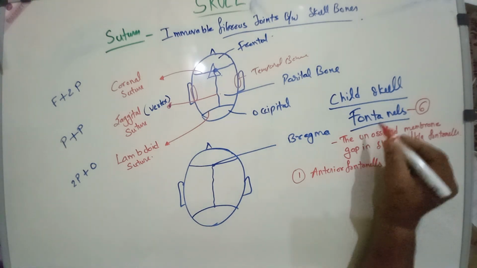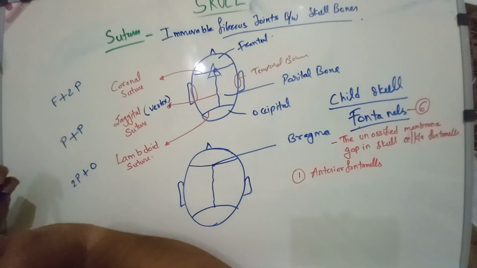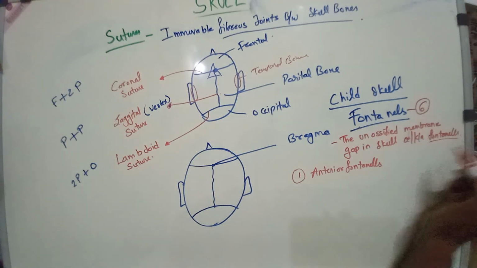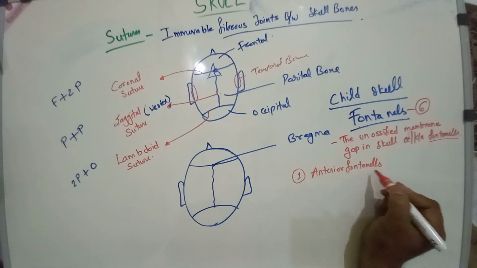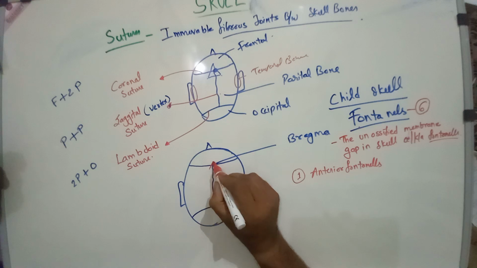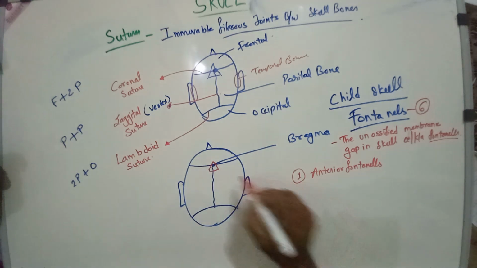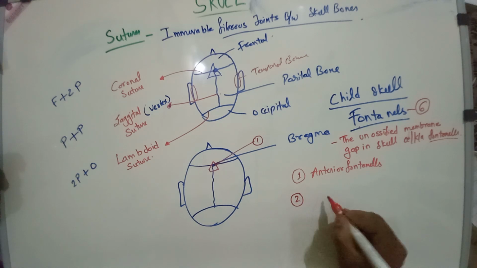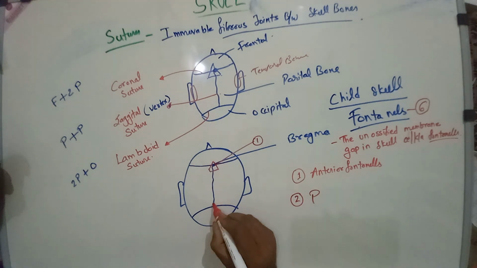Now you understand the meaning of fontanelles: the unossified membrane gaps in the skull are called fontanelles. And there is the anterior fontanelle, which is situated in the anterior. First one is anterior and second one is posterior, just opposite of it.